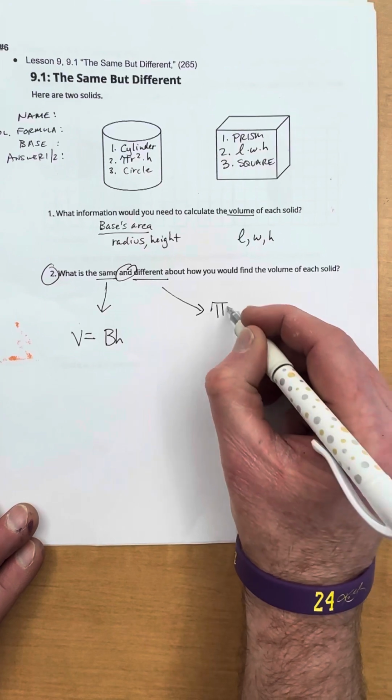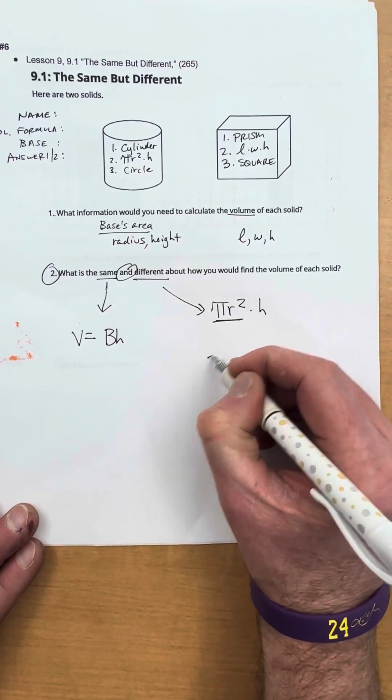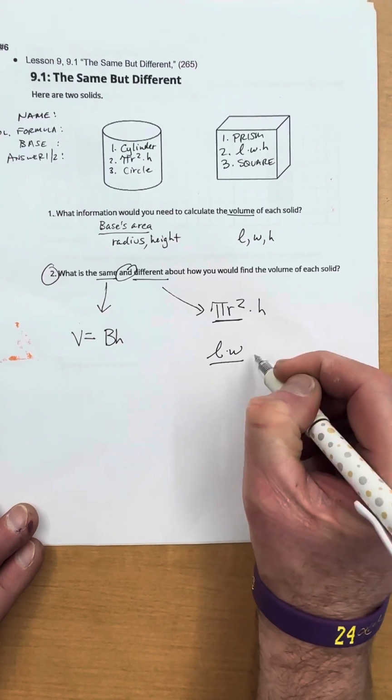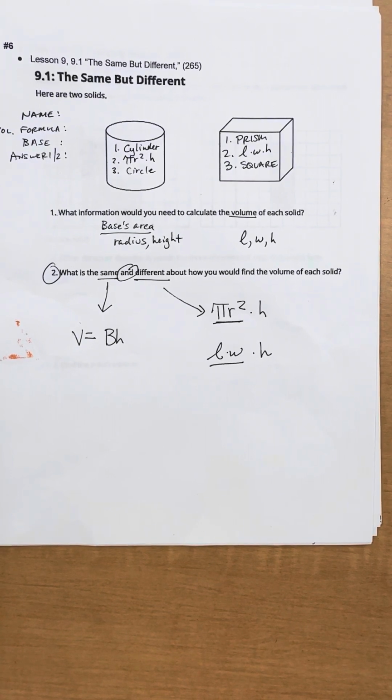Yes. One is pi r squared times height. The other is length times width times height. So that's a good answer for same and different.